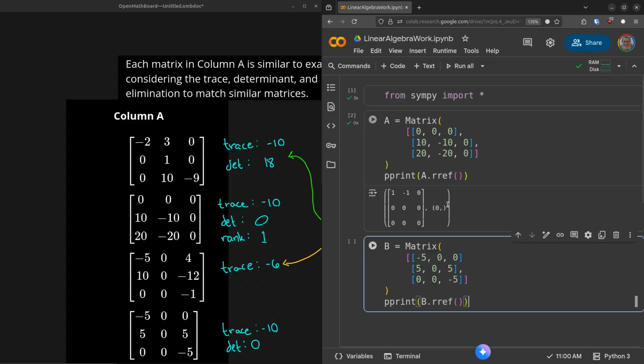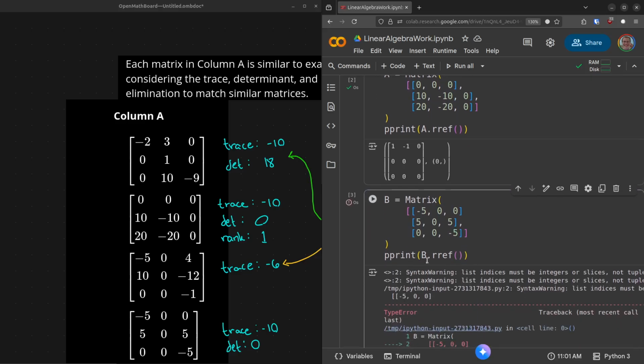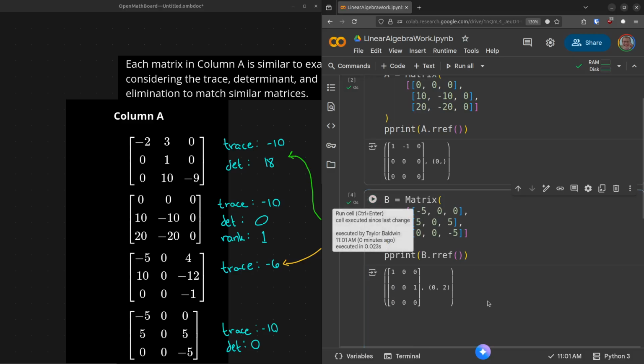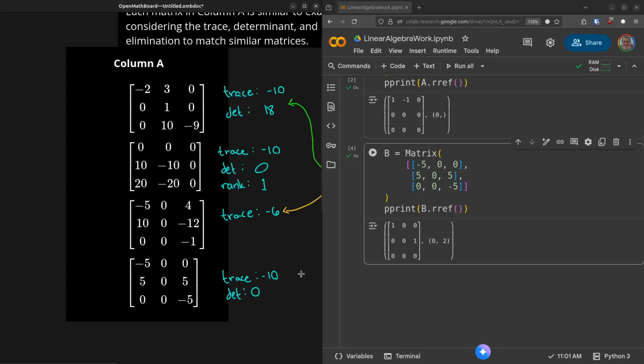Find the reduced row echelon form of the matrix. Oh, I made a mistake here. I forgot a comma. Try it again. There we go. I have two non-zero rows, the rank's 2. Okay, so they have different ranks, so that should narrow it down. I should be able to find exactly which one matches which at this point.